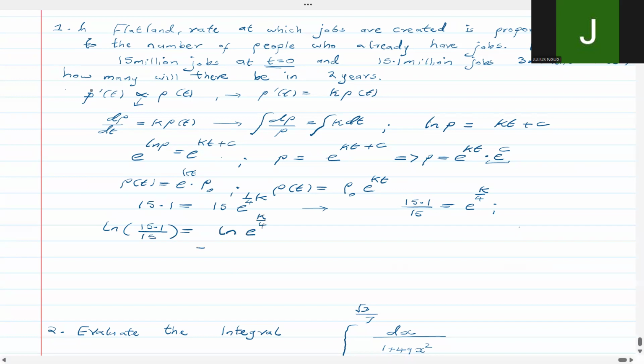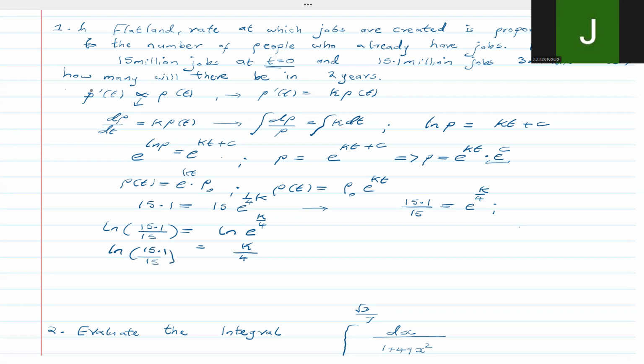And this part here becomes K/4, because using the properties of the natural log, the natural log of e equals 1. So on the left-hand side we have the natural log of 15.1 divided by 15.